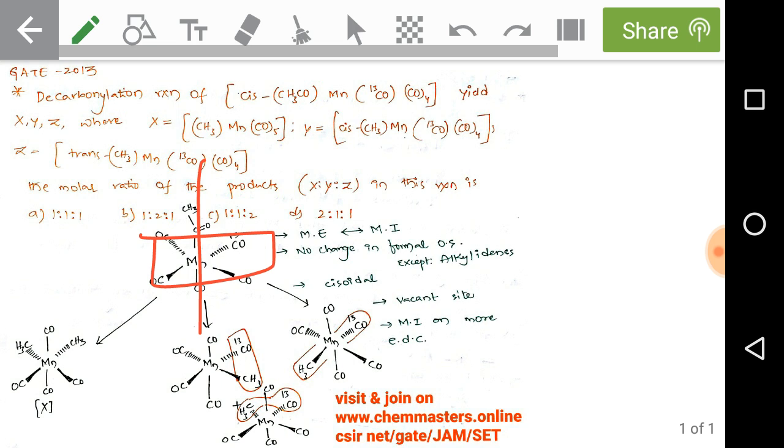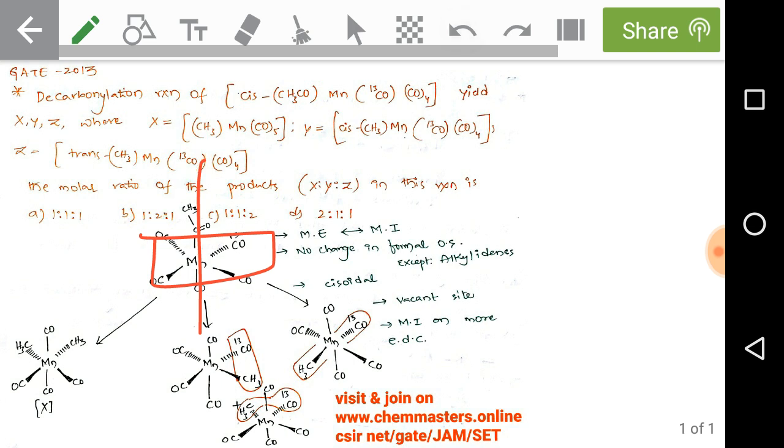We can write that COCH3 is cis to that CO group, and COCH3 is also cis to this one, and COCH3 is cis to this CO, and COCH3 is cis to that C13O. So we can write all of them like this. So this is the actual octahedral complex. Now just remember that.